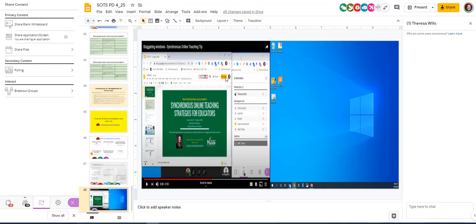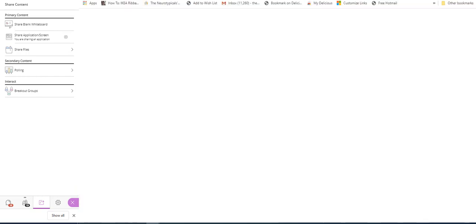I'm showing two screens right now, so pardon that. But on slide 48, you can see that I have Collaborate stuck in the background so that I can see the chat box and my microphone, and I keep my Google Slides on top, and I just have them staggered. Let me get you that link for the video.